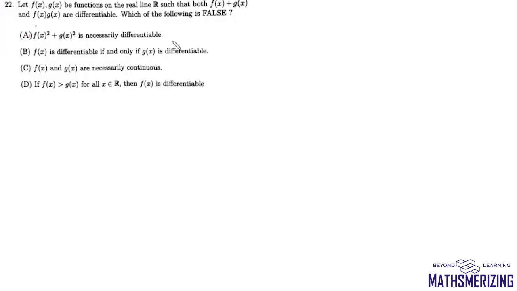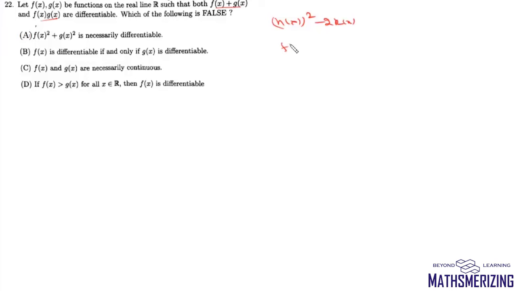Now question number 22 is, let f(x) and g(x) be functions on the real line R such that both f(x) plus g(x) and f(x) into g(x) are differentiable. Then which of the following is false? Now the first one is f(x) square plus g(x) square is necessarily differentiable. Now if we consider two functions, say h(x) and k(x), then we can say that h(x) square minus 2k(x) will be a differentiable function.